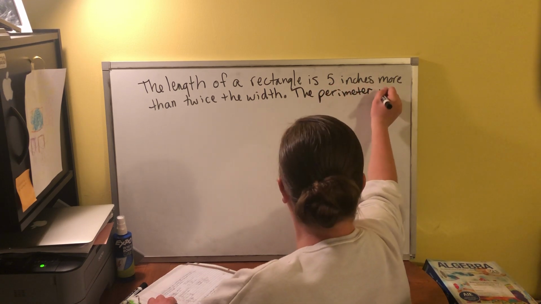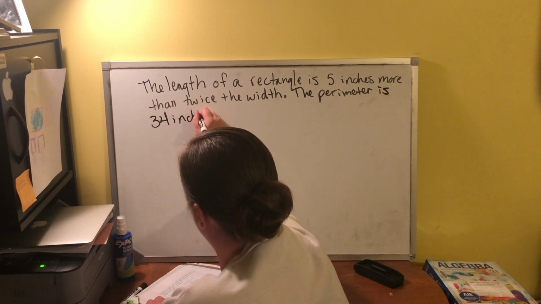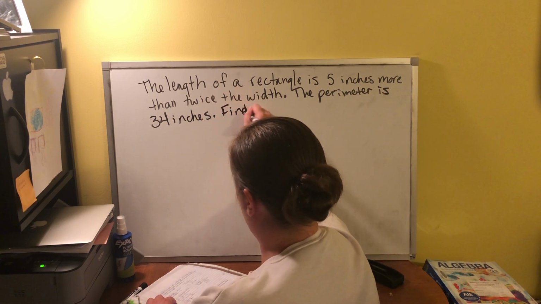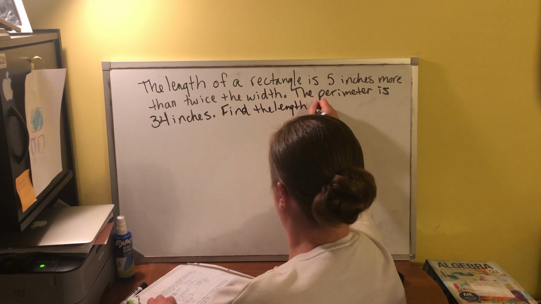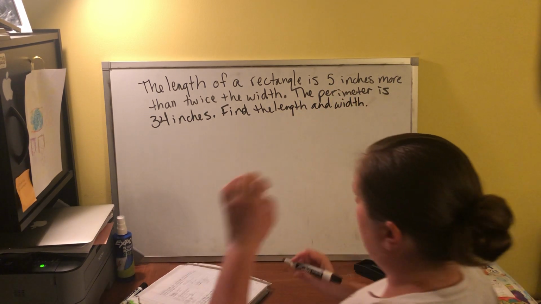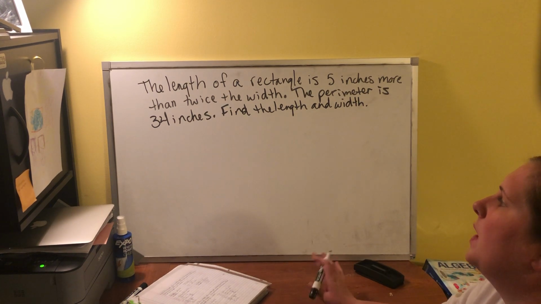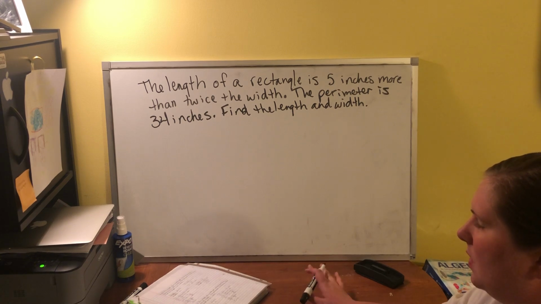The perimeter is 34 inches. They want us to find the length and width. Okay, so the length of a rectangle is 5 inches more than twice the width. The perimeter is 34 inches. Find the length and width.